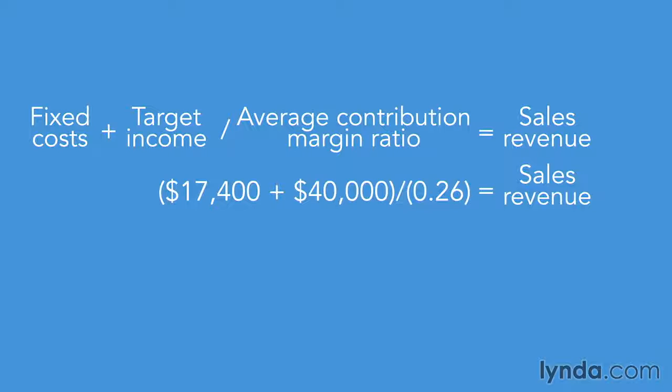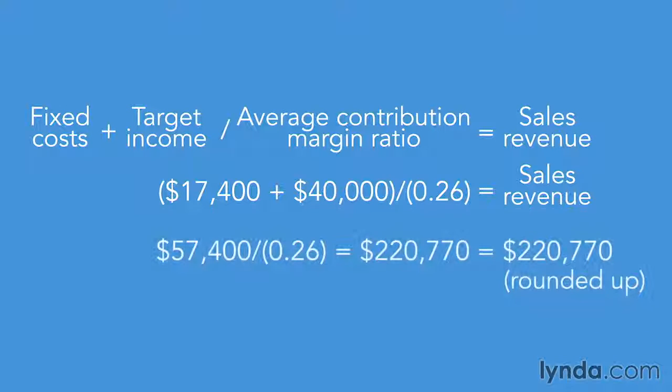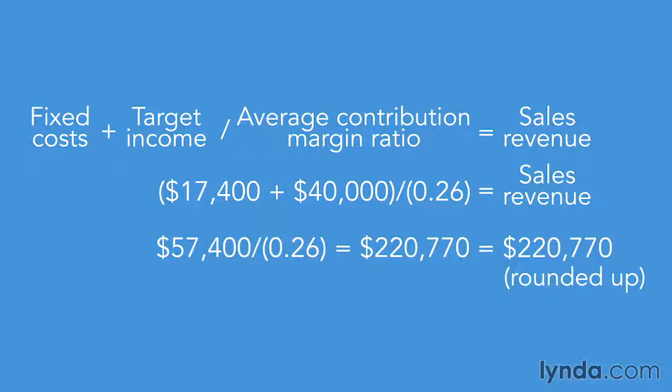When we run the new CVP calculation, the sales volume needed to generate $40,000 of target income increases to $220,770, computed as follows. As expected, if the contribution margin ratio goes down, the required sales to achieve a target profit goes up. Having the sales mix lean towards a low-margin product results in a higher break-even point.